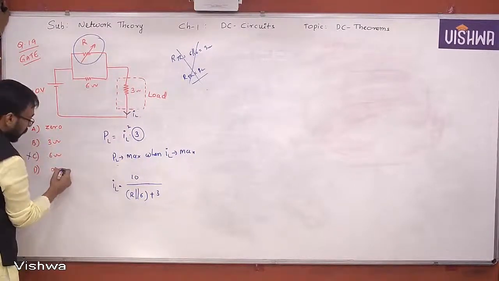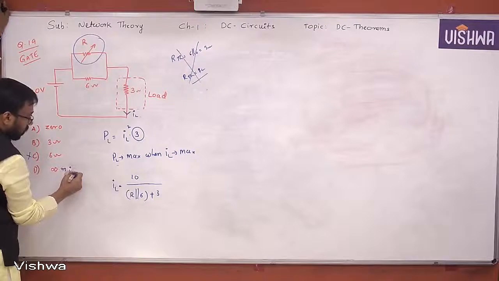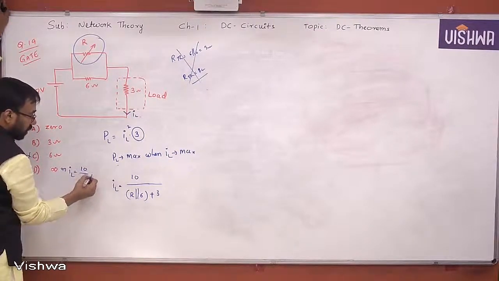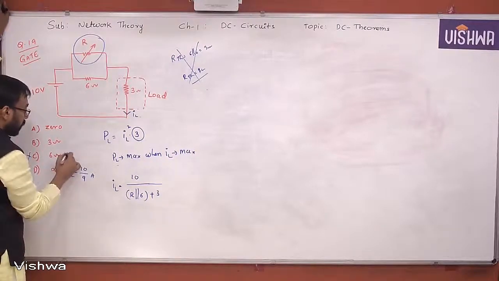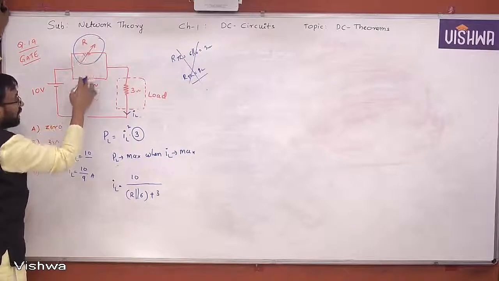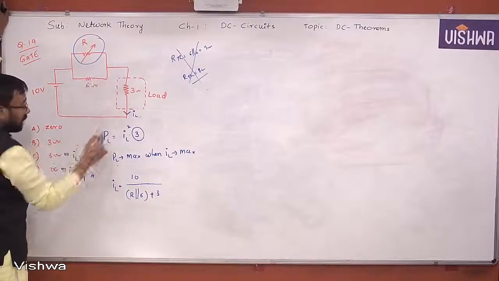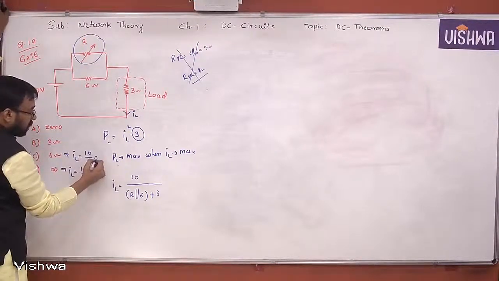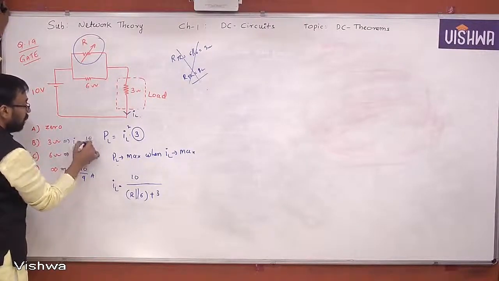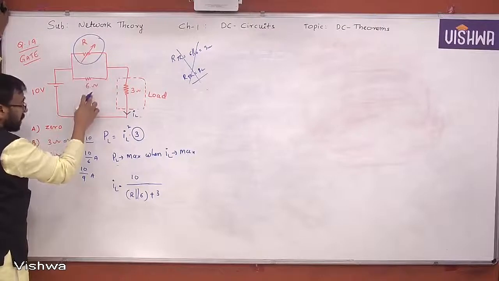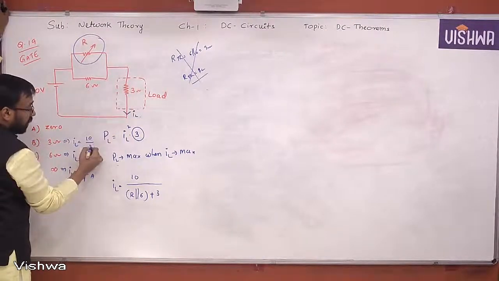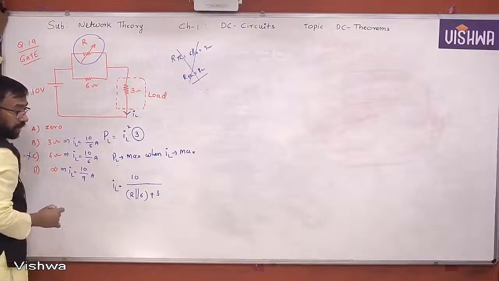Then in this case, what is the current value? 10 by 6 plus 3, it becomes 9, 10 by 9 ampere. Here, this IL will become 10 by 6 parallel 6, that is 3 plus 3, 6, 10 by 6 ampere. Here, IL will be 10 by 3 parallel 6, that is 2, 2 plus 3, 5, 10 by 5 ampere. Yes, all of you?